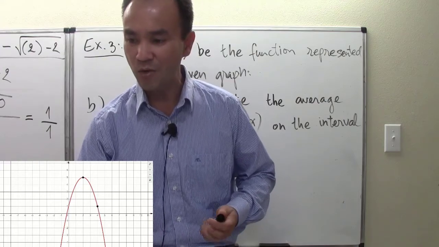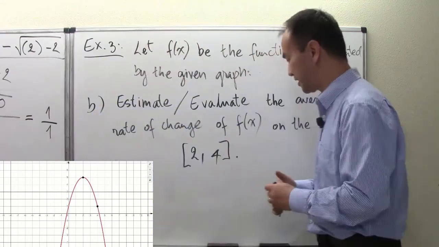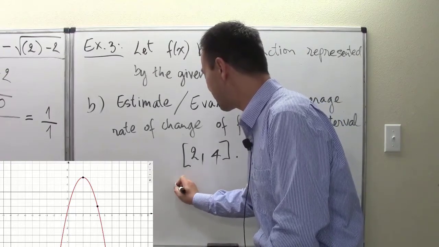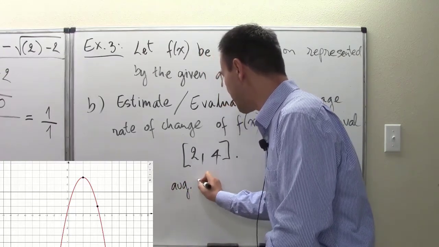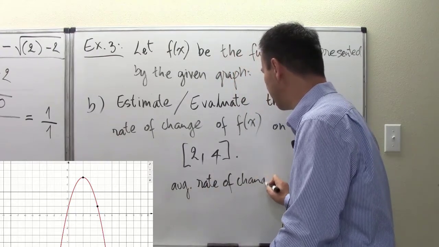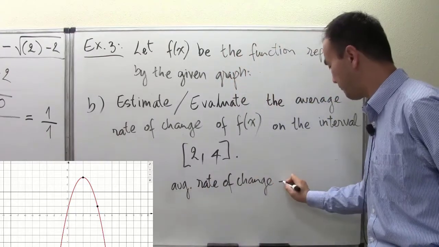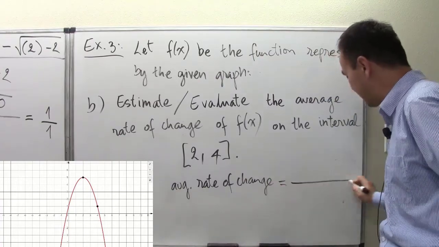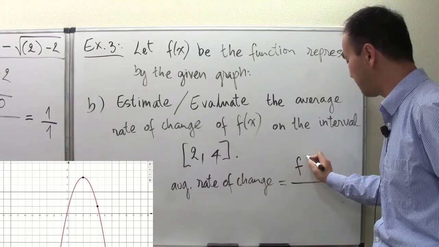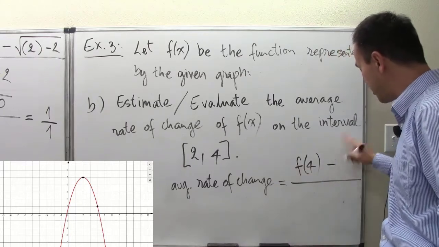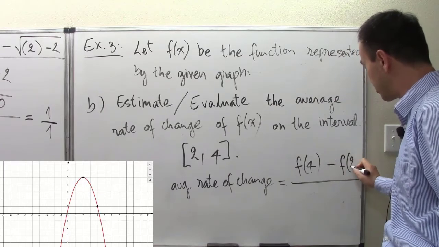Okay, so in that way, now allow me to get back on the board and do that argument there and write down the setup. So the average rate of change, the famous formula ever, the fundamental formula ever. Now the final function's output, that is f of 4, minus the initial function output, that is f of 2.